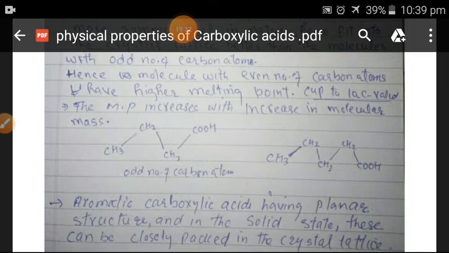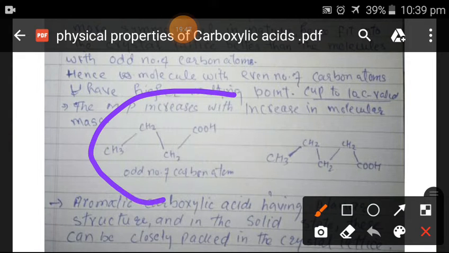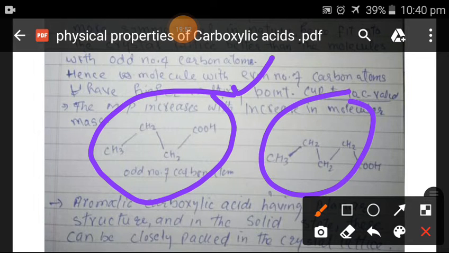It is because of the close packing of these molecules when they are in the crystalline form. So when they are in crystalline form, their close packing varies. So the even numbered carbon atoms get fit in the crystal lattice as compared to the odd number.